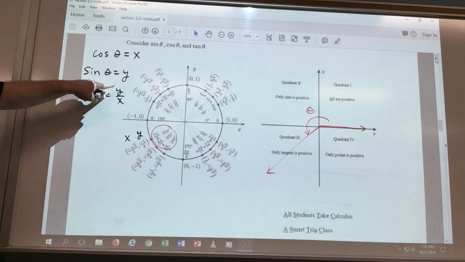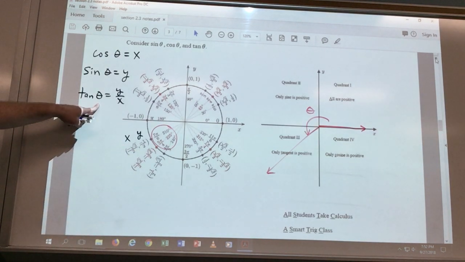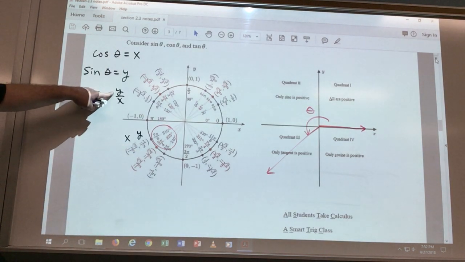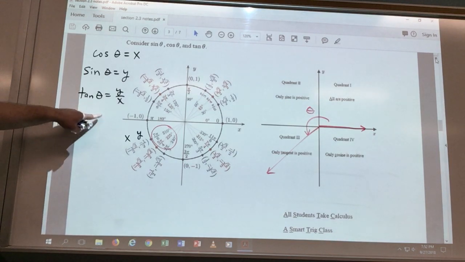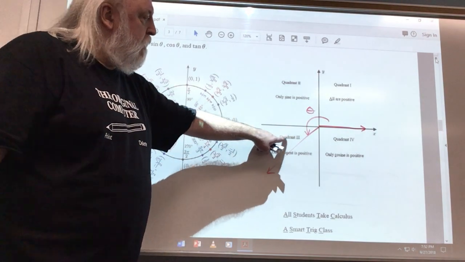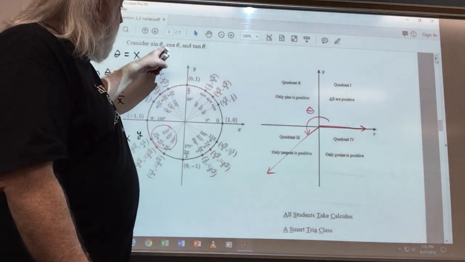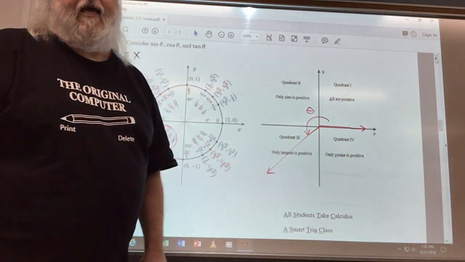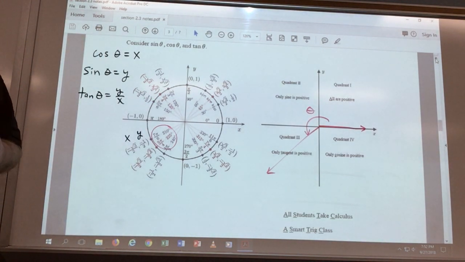And sine theta is negative because it's equal to y. But tangent theta is positive because y is negative, x is negative, and negative over negative is positive. So the tangent function for any angle in the third quadrant has a positive value. And so I have written over here in our coordinate plane in quadrant 3 that of these three, sine, cosine, and tangent, only the tangent function is positive. Sine and cosine are both negative.